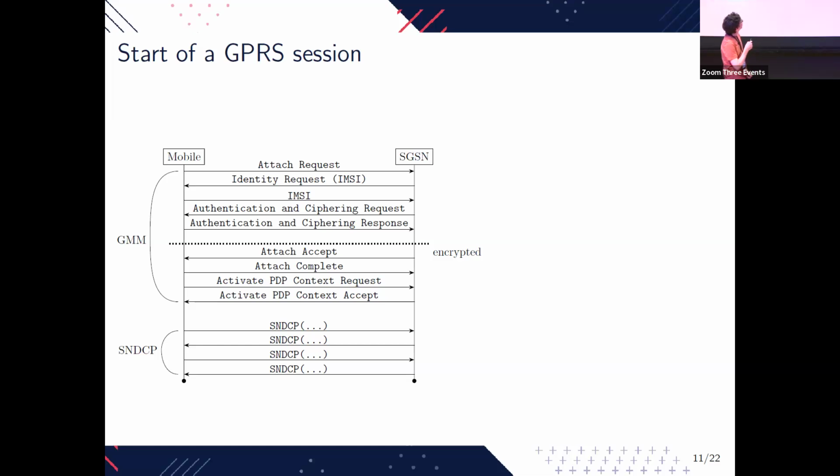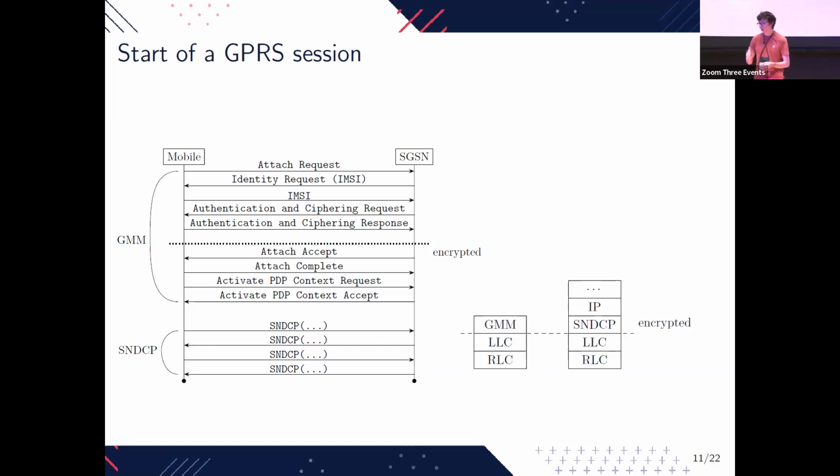Attachment is complete, and then the mobile asks for an IP address. It activates a PDP context. And once the mobile has an IP address, it sends IP frames encapsulated in yet another protocol called SNDCP, Subnetwork Data Convergence Protocol.